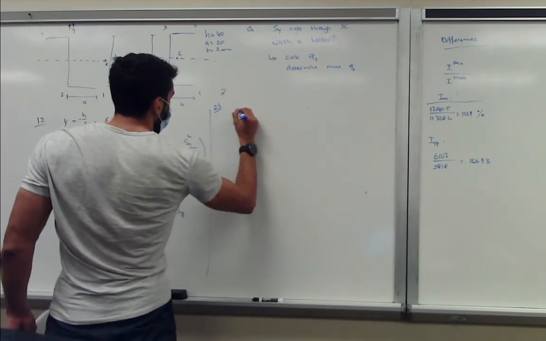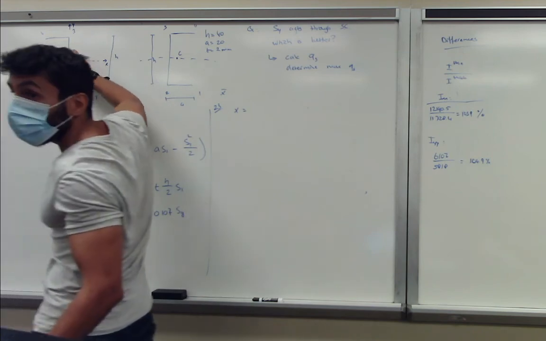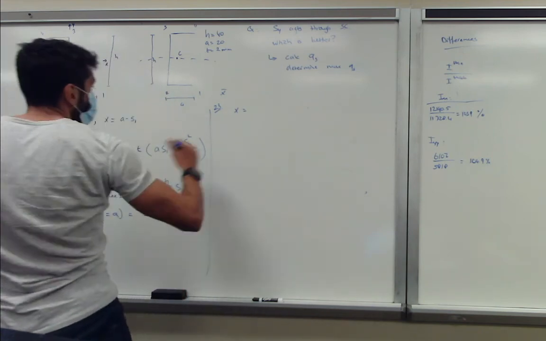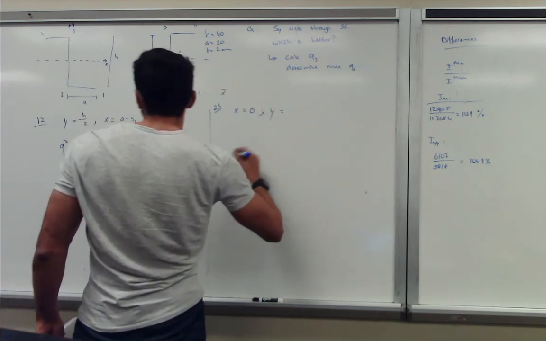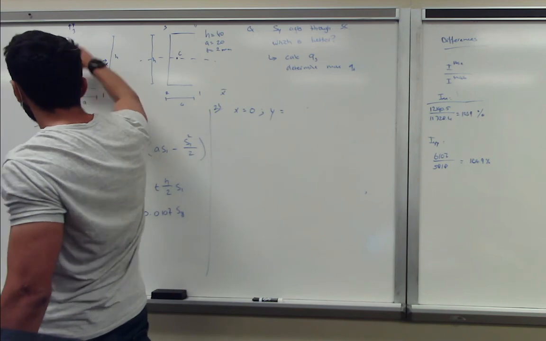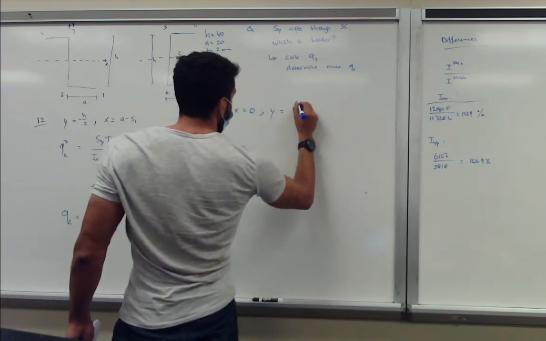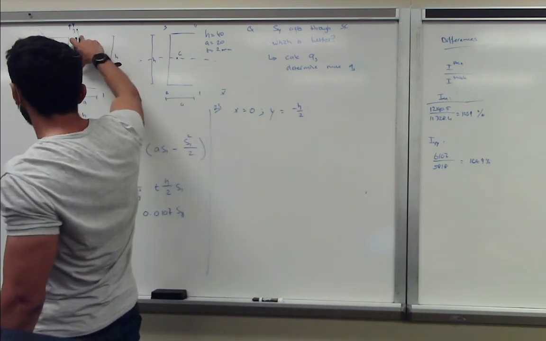So we know our X coordinate is 0, because this corresponds with our axis system. So that's easy, 0. And our Y coordinate will go from minus h over 2 to plus h over 2. So we're definitely starting at minus h over 2. And we're traveling a total length of h.